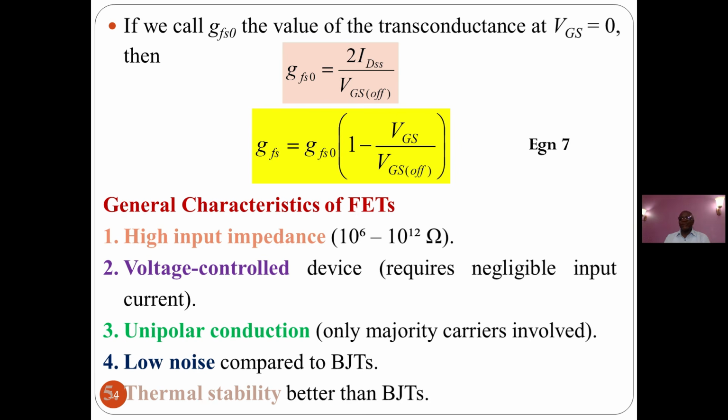Then you can now use it to know what happens if your conductance varies from time to time. And it is a function of the VGS, which is the voltage or gate source voltage, that is the voltage you are applying, and the gate source cutoff voltage. Transconductance is a function of that, and the relationship is as shown in equation 7.